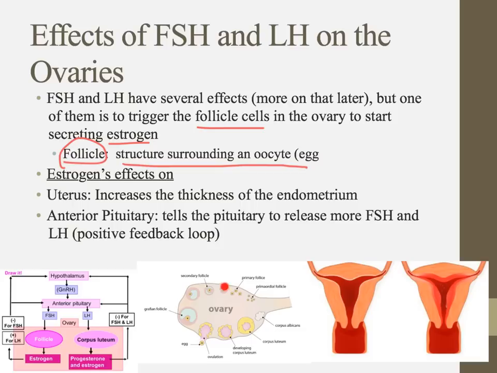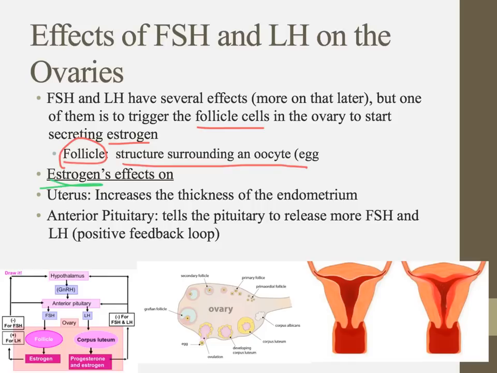That follicle begins to thicken and develop based on these hormones, FSH and LH. We then start to get the development of estrogen, so this developing follicle is going to start secreting estrogen.